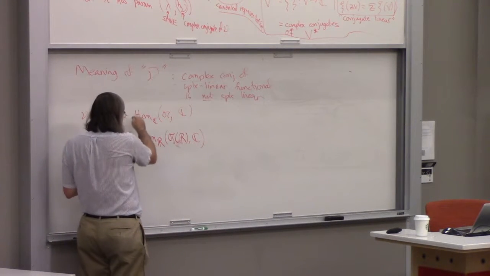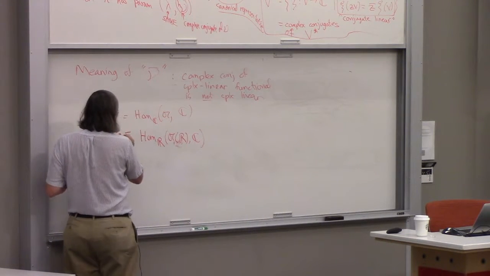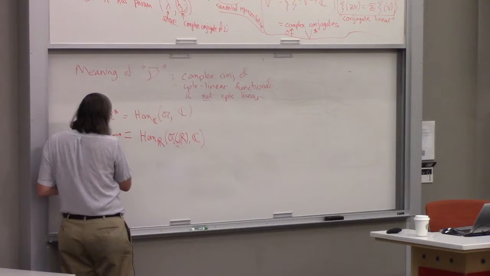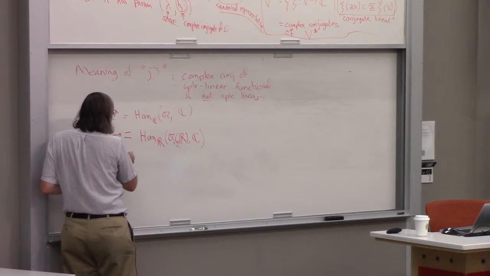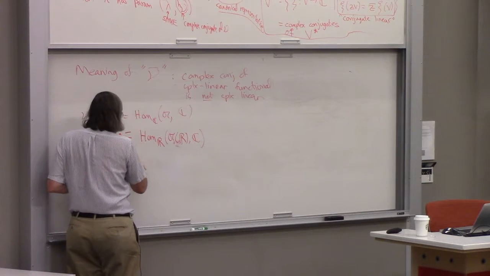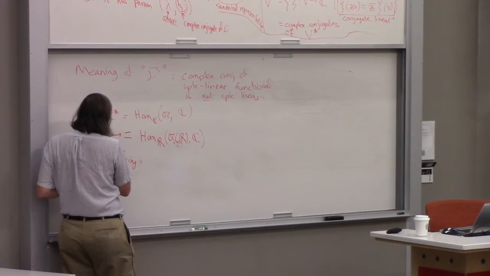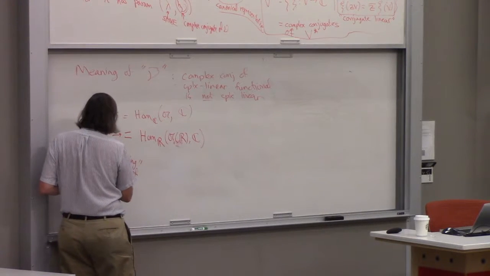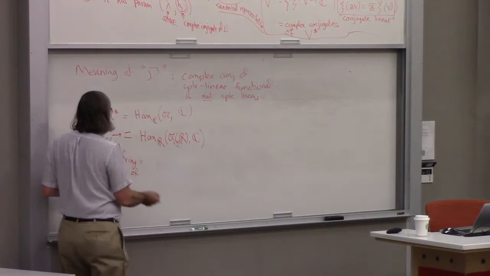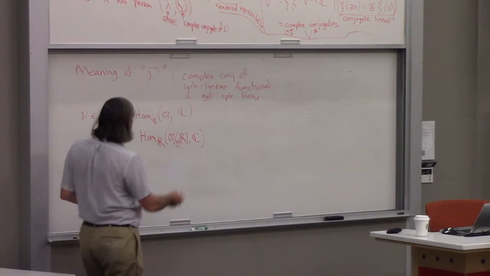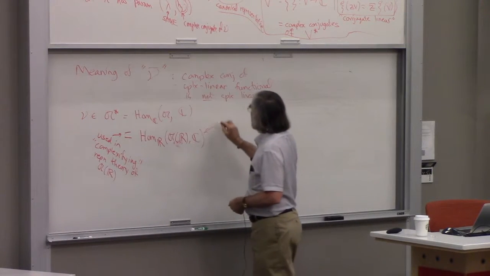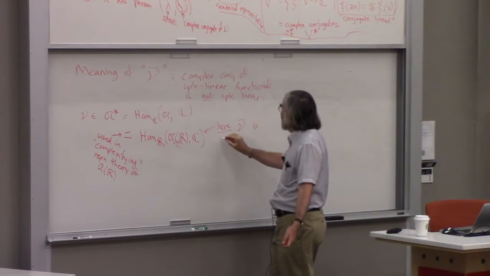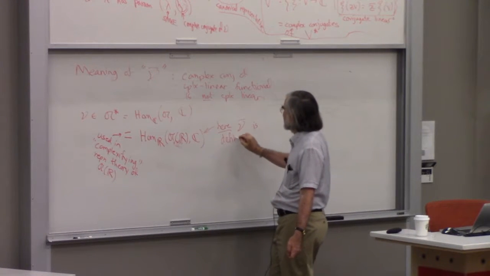And this is the identification, the representation theory of A, A of R. And here, nu bar is defined.